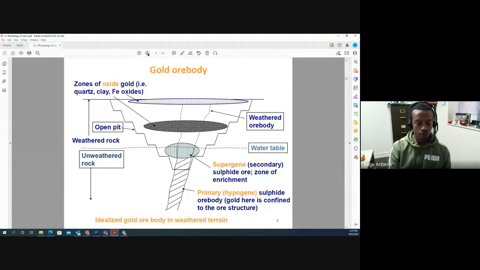In this case, if it was pyrite, chances are you could find some other associated sulfides with it, which are called secondary sulfides because they're derived from the primary sulfide. You could have things like pyrrhotite or arsenopyrite and so on. So the sulfide zone typically contains a number of sulfides, and if it's a gold ore body, that is where you find the gold as well.